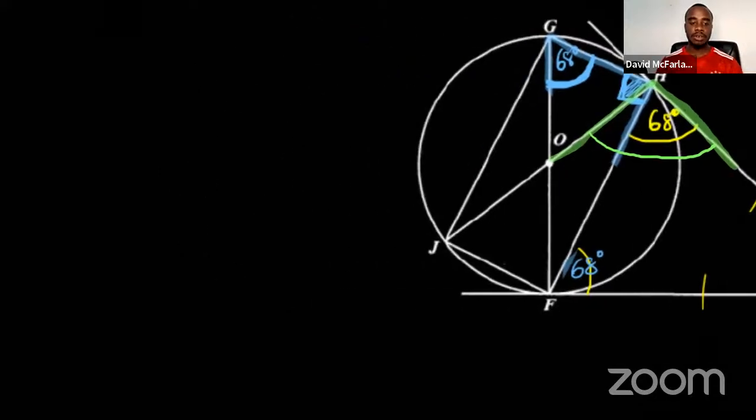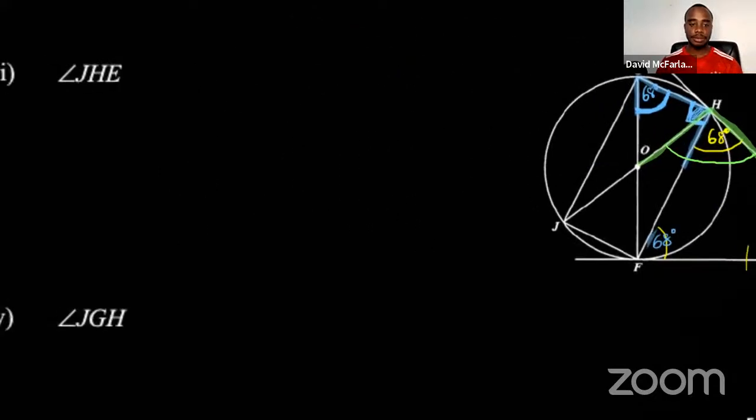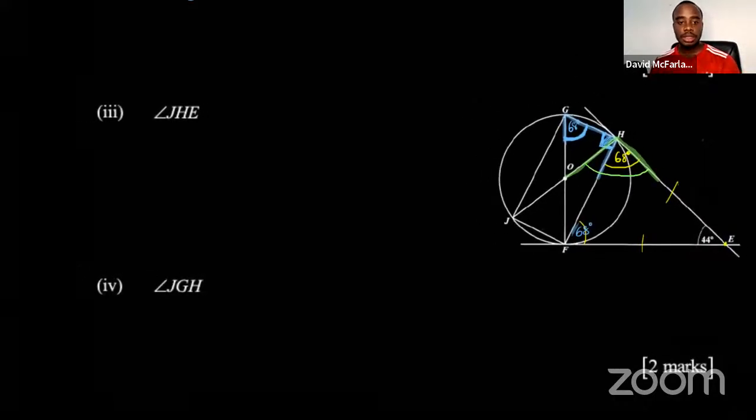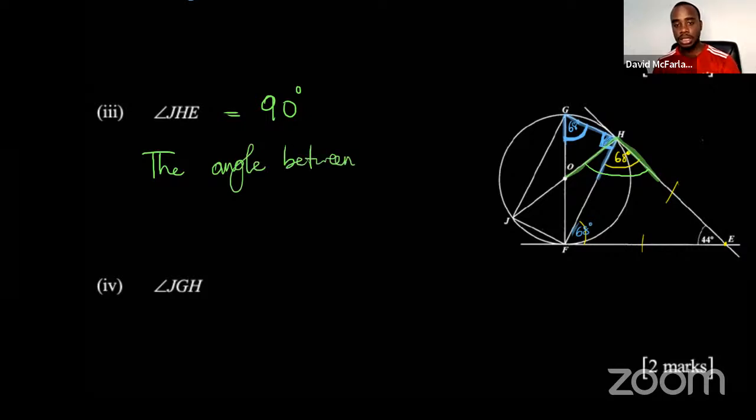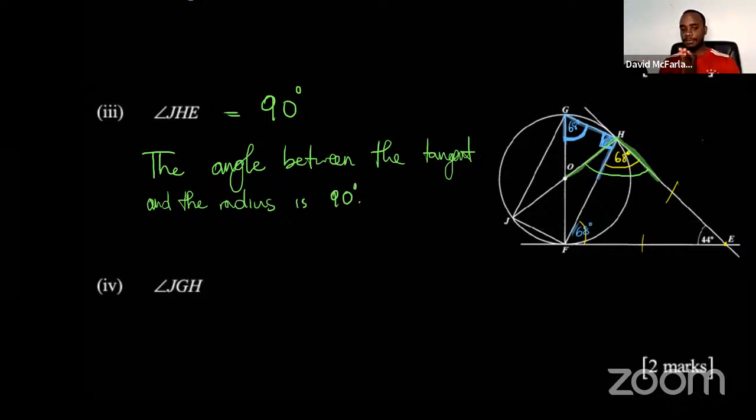We can write that over here, which is 90 degrees because the angle between the tangent and the radius is 90 degrees.